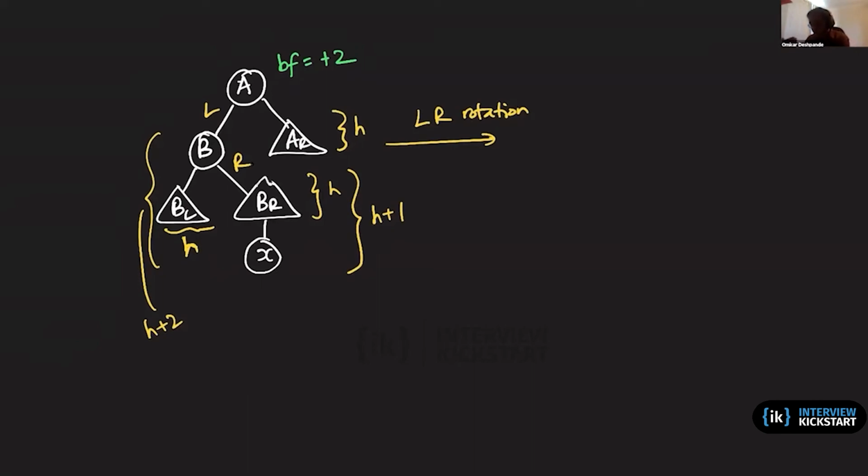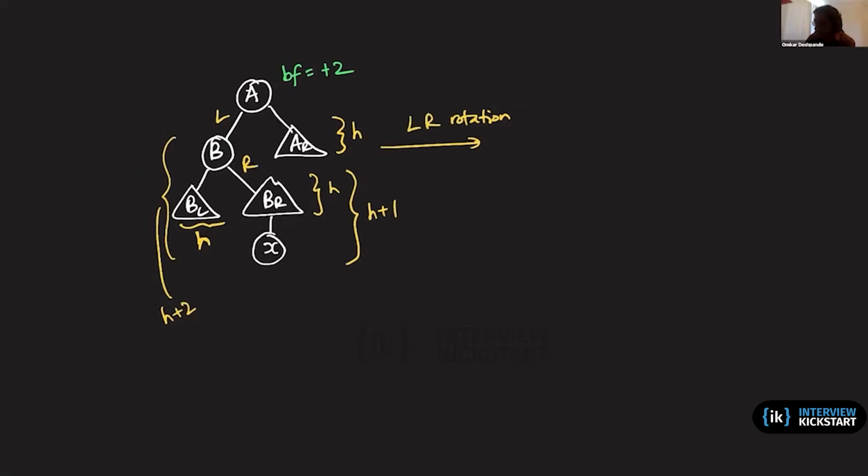That's what we saw. If we just looked at this diagram, we would be tempted to do an LL rotation. But the fact is that B sub R, the right subtree of B, has to now be split up. So we have to actually apply a magnifying lens there and see what it looks like.